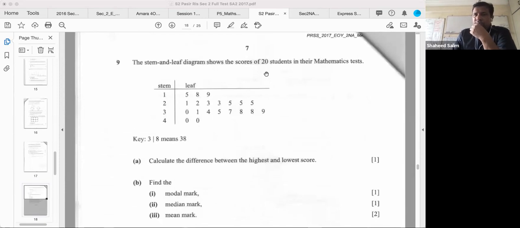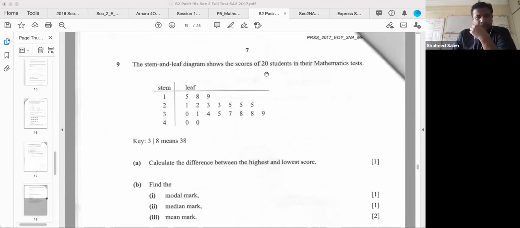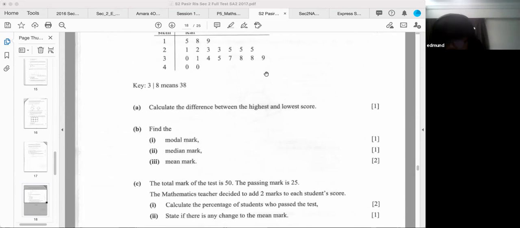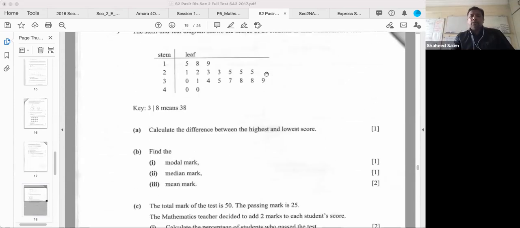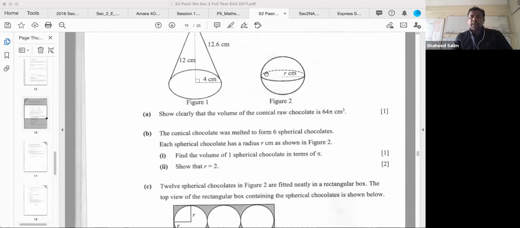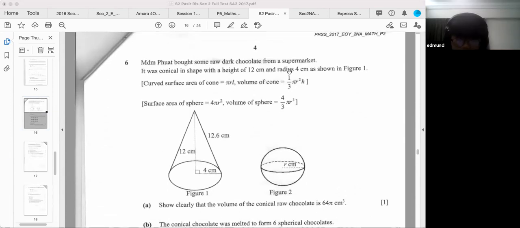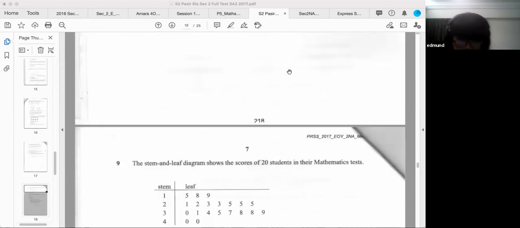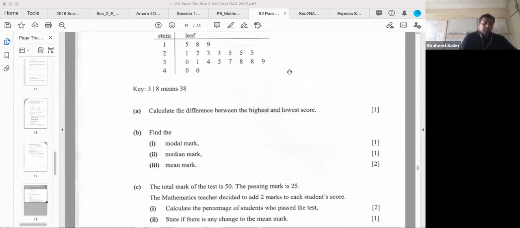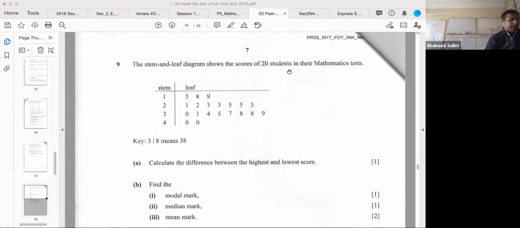Okay, are you tested on stem and leaf diagram and all? No. No, confirm. Mean, median, all do them. Then we go to this question. Because we were doing halfway, what chapter is this? Okay, just hold on. Stem and leaf is the histogram and all.